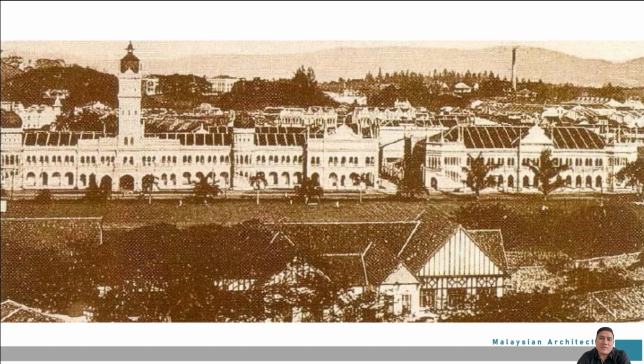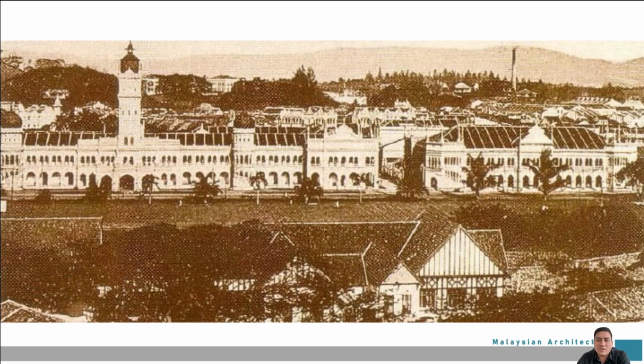So why did they not use the Malay traditional architecture style? This is the style that we call the British Raj style, and it heavily adapts the principles of Gothic architecture.